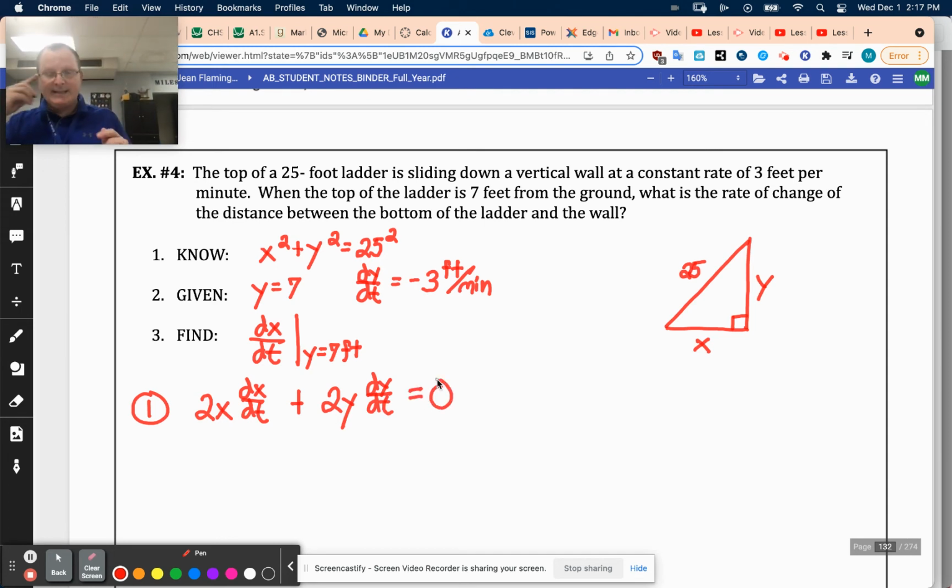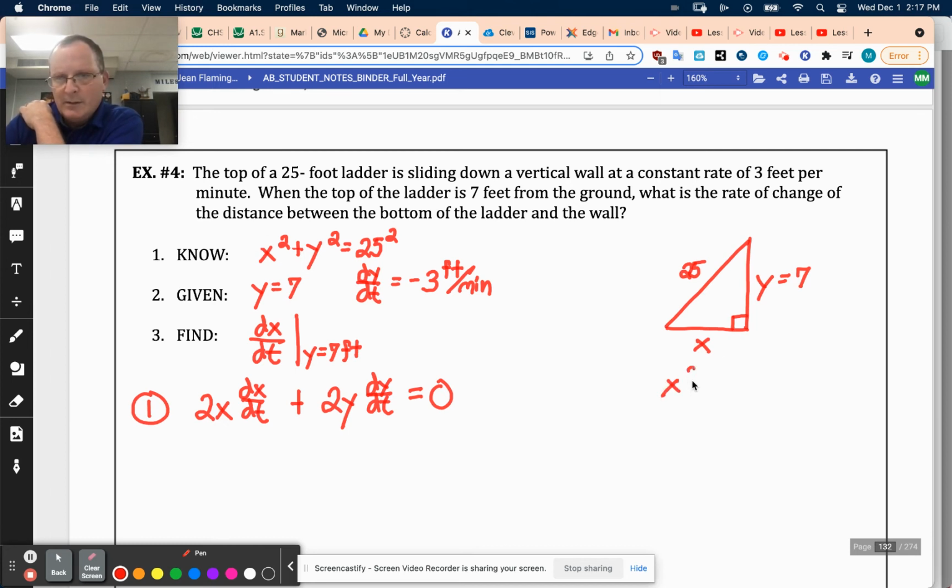Now, we're looking for dx/dt. In order to find dx/dt, we needed y and dy/dt. We have those things, but we also needed x. Well, the good news is we can find that, because we can do the Pythagorean theorem. We can actually solve this.